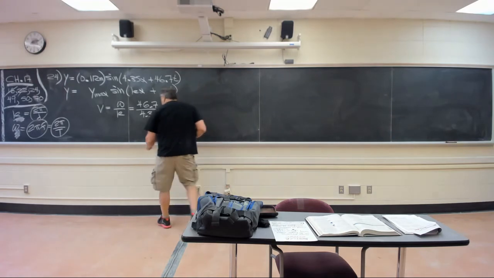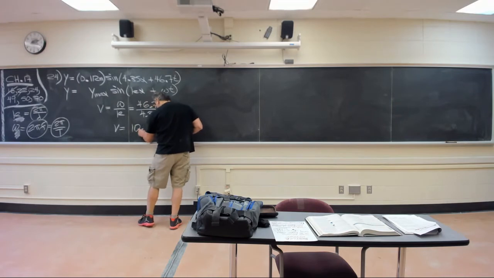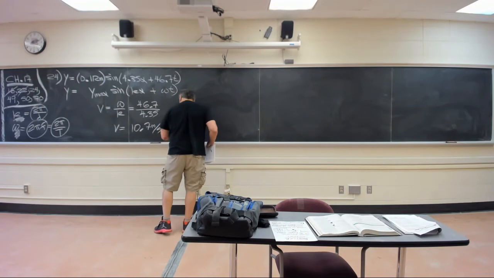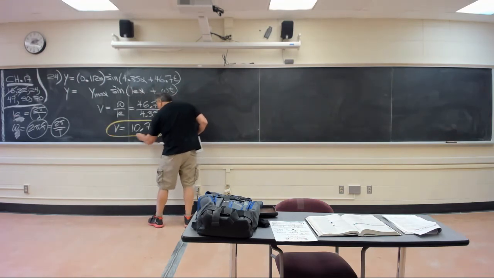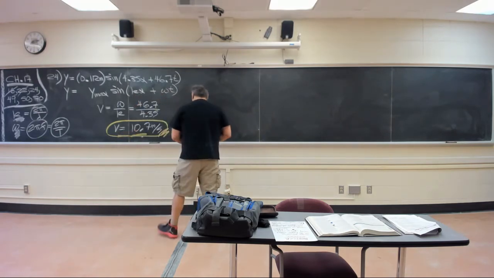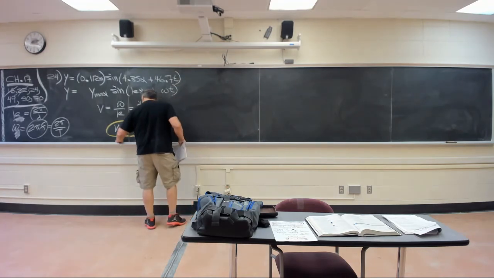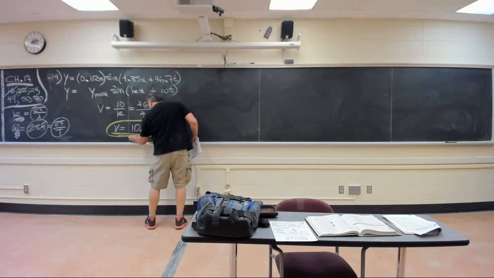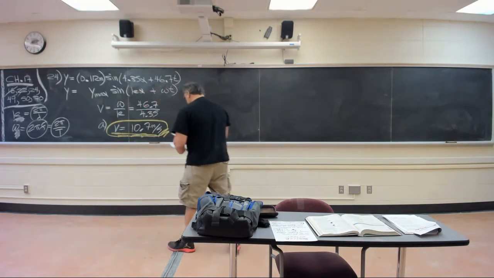At the end of the day, guys, and there we are. So that's the answer for A, you guys. I think they were asking just for speed on that one.